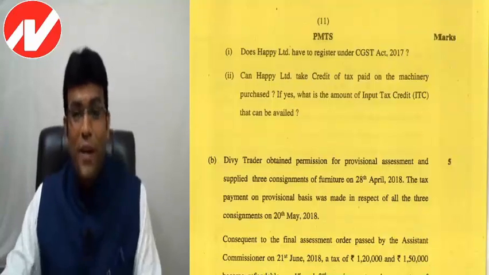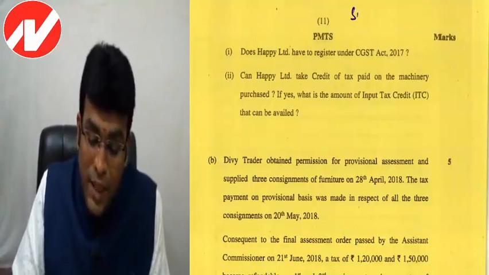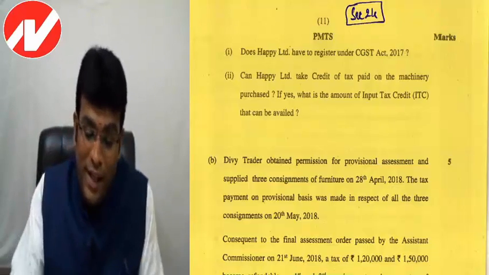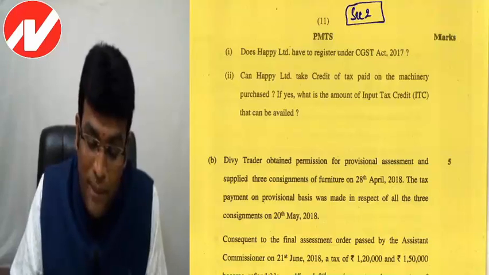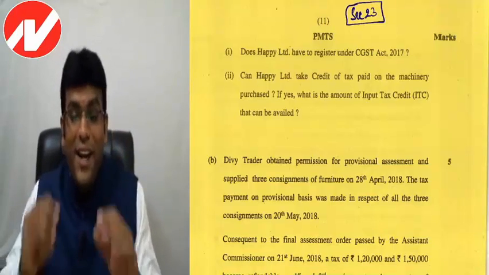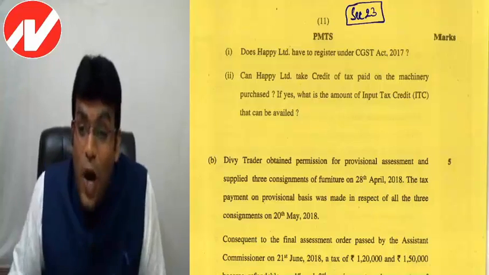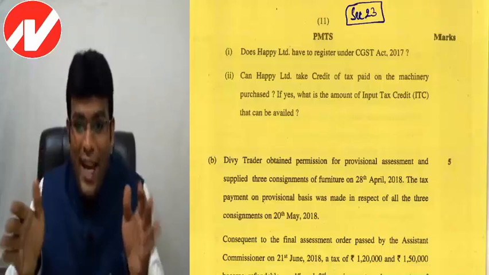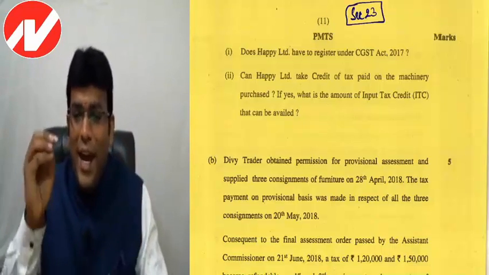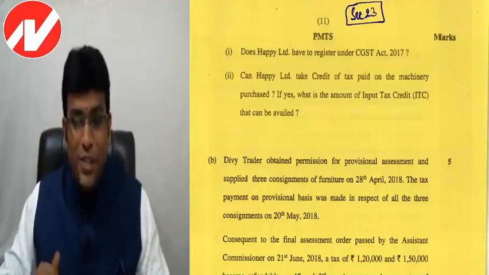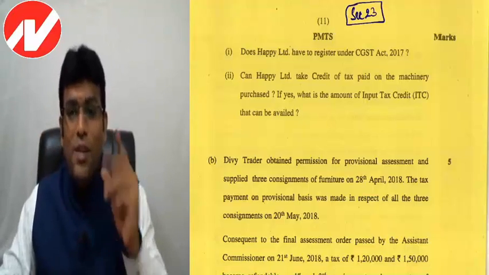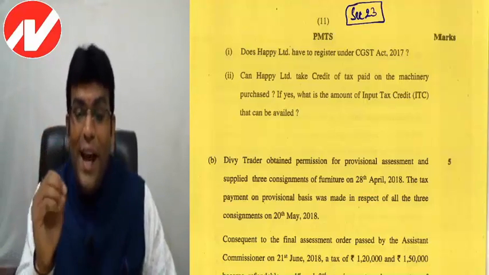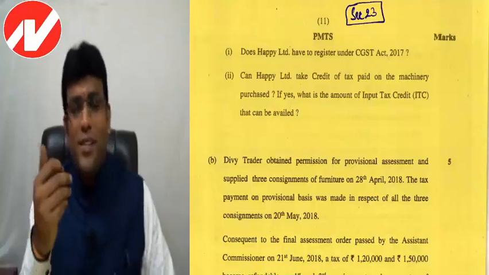So one point, let me very clearly tell you that as per section 23, my dear friends, first of all, section 23 talks about persons not liable for registration. In that, one point is there which says that any person engaged exclusively in supply of goods which are exempt, or goods or service also for that matter.